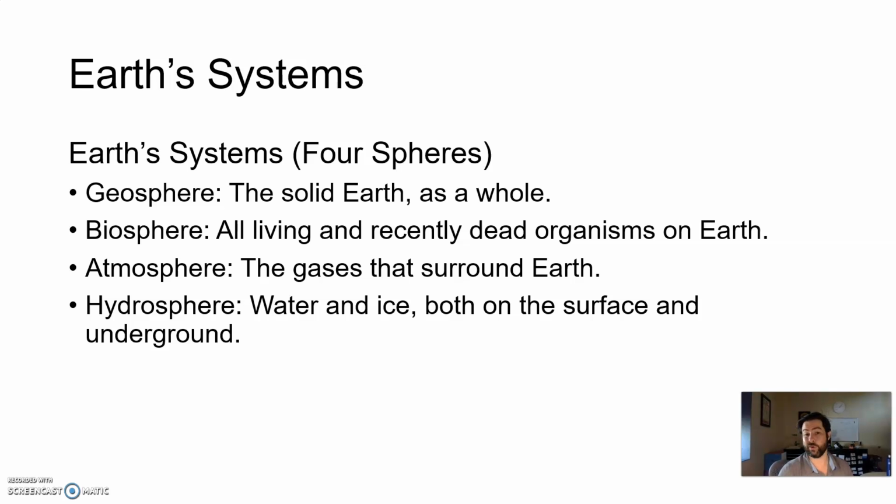That includes liquid water, ice, and gaseous water, but that's more so in the atmosphere. So liquid water and solid water, known as ice, we study in the hydrosphere. So we can take the Earth and break it down into those 4 systems, or 4 spheres.